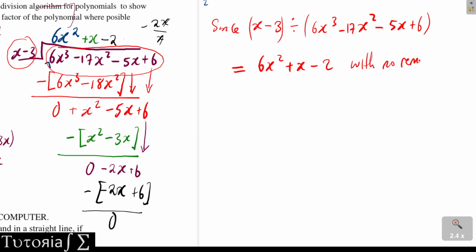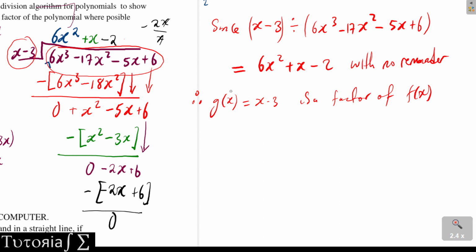Therefore, g of x, which is equal to x minus 3, is a factor of our f of x.